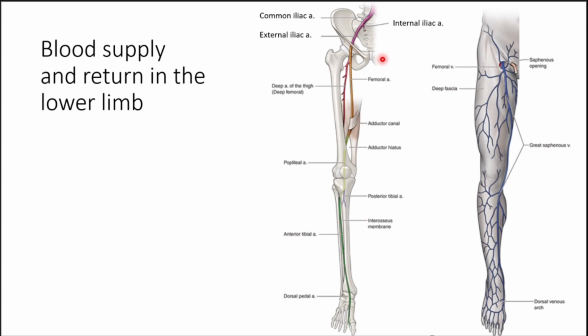The internal iliac artery gives rise to the obturator artery and to the superior and inferior gluteal arteries. Its branches primarily supply blood to the pelvic and gluteal regions, whereas the external iliac artery supplies blood to the remainder of the lower limbs. Blood is returned to the heart via the superficial and deep venous systems of the lower limb.